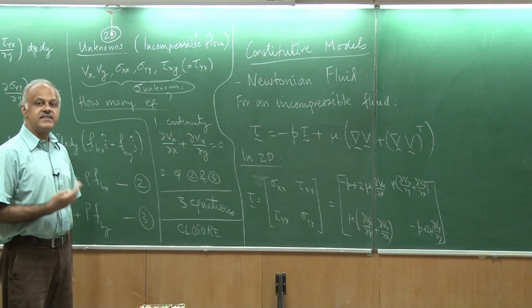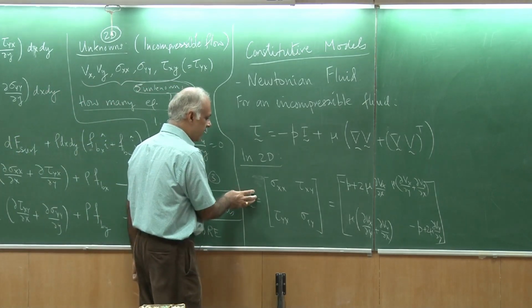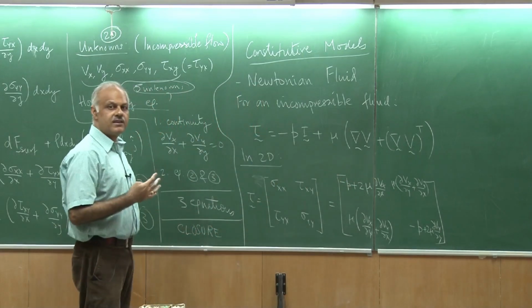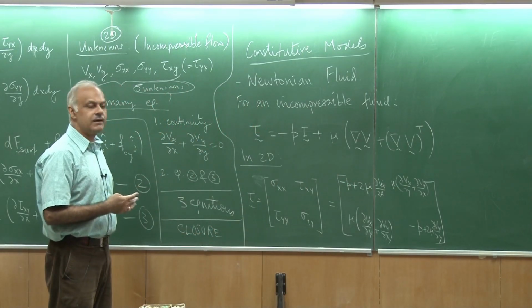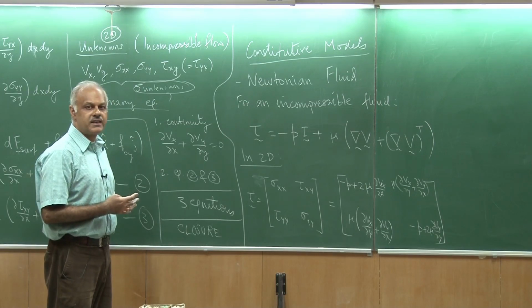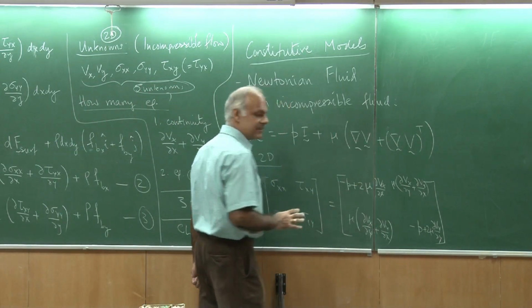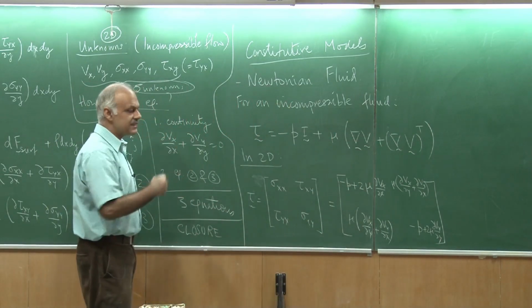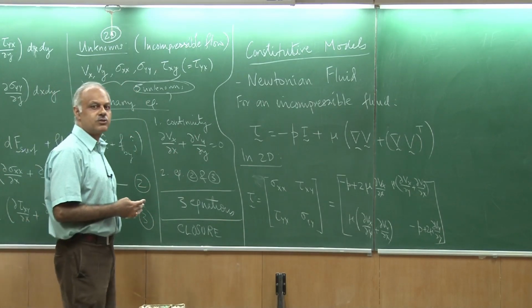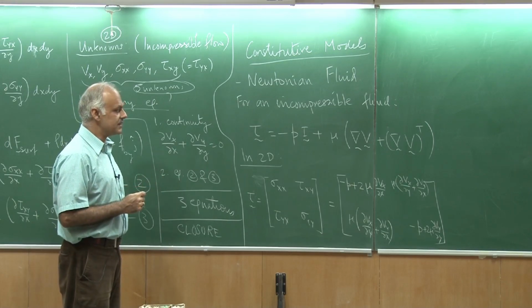So, now this is an additional piece of information that we have, which is the relationship between the stress and the strain rate. Recall in an earlier class we said from the kinematics that if I look at the gradient of the velocity, I could split it into two parts. A symmetric part which was related to the strain rate, with some factors, and a skew symmetric part which was related to vorticity, which is the rotation of an element about its own axis.